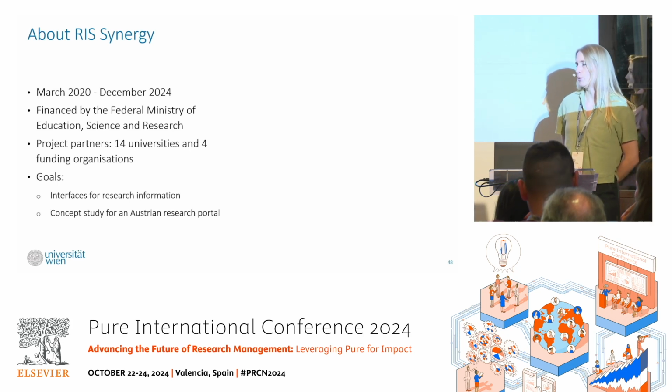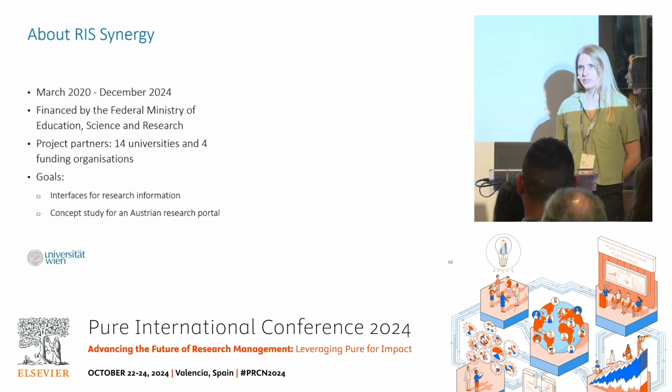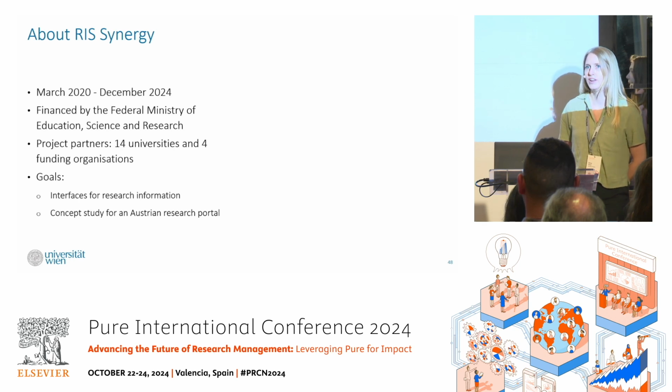So what are the goals of this project? We have 2 goals. The first one, and this is actually the bread and butter of this project, the main part of the project is the interfaces for research information. And the second goal is we are working on a concept study for an Austrian research portal.